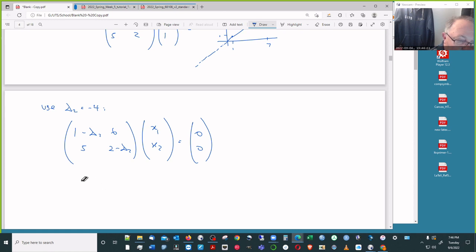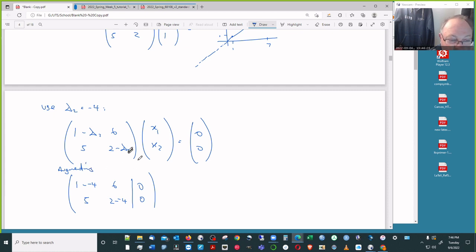So we're going to do 1 minus -4, 6, 5, 2 minus -4, 0, 0. So that's the dropping of the equation form now. We're augmenting.